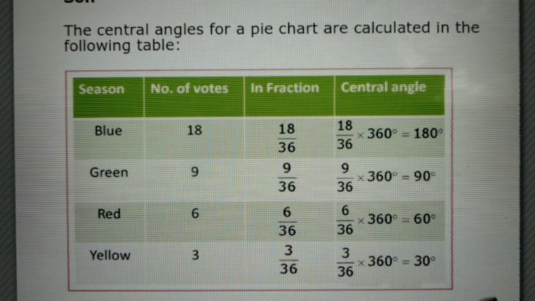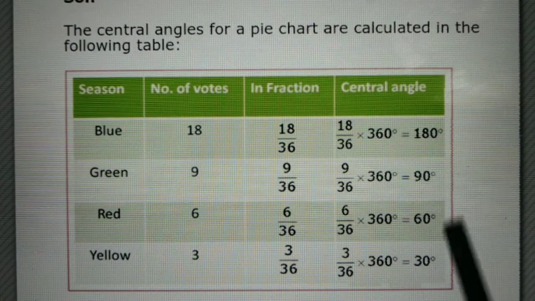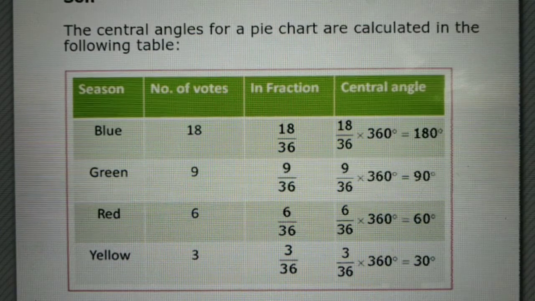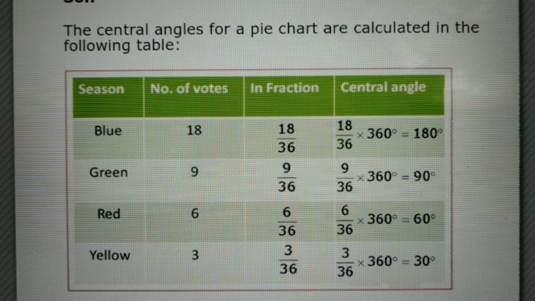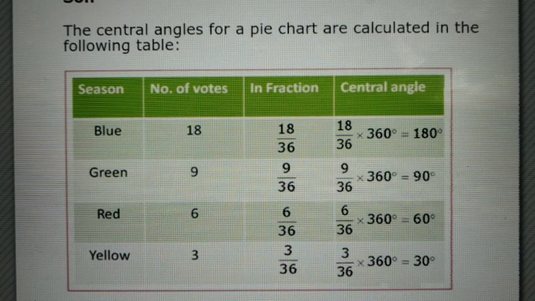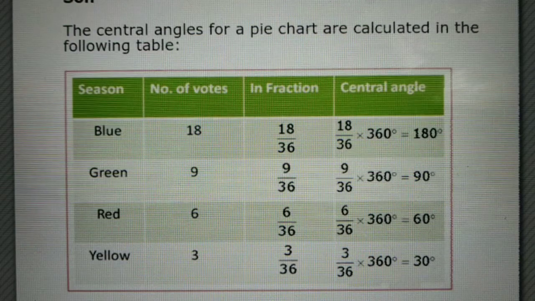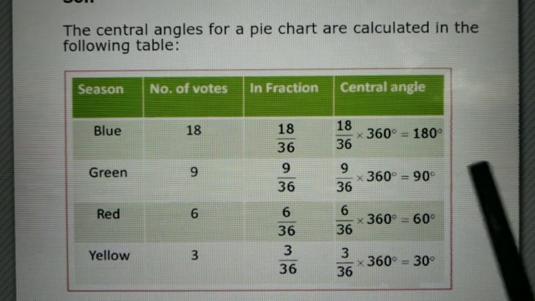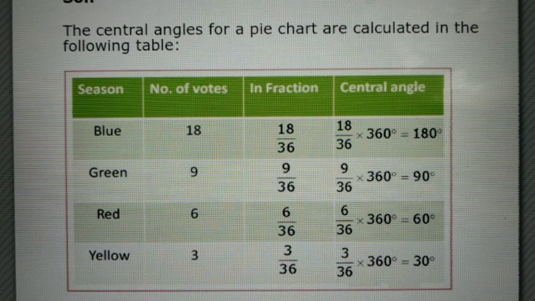Always remember one thing: when we find the angles, we can check whether our angles are correct or not. Add all the angles given here. The total sum is always 360 degrees, because we are distributing the 360 into these parts. Now you can see 180 plus 90 plus 60 plus 30 gives us a total of 360 degrees. That happens always with all data.